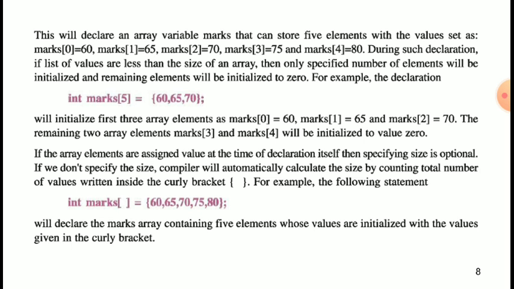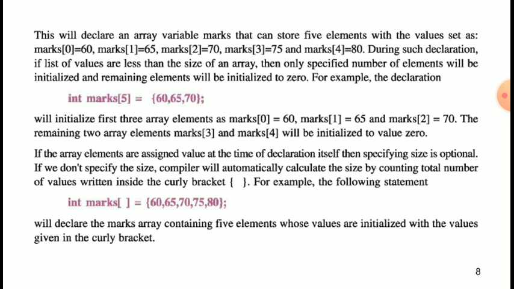If the array elements are assigned values at the time of declaration itself, then specifying size is optional. If we don't specify the size, the compiler will automatically calculate the size by counting the total number of values written inside the curly brackets.